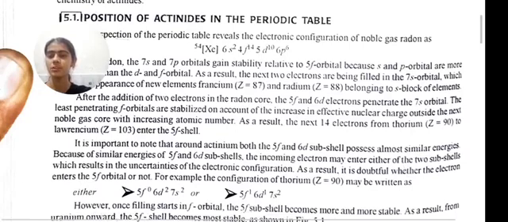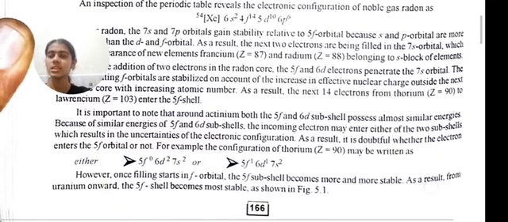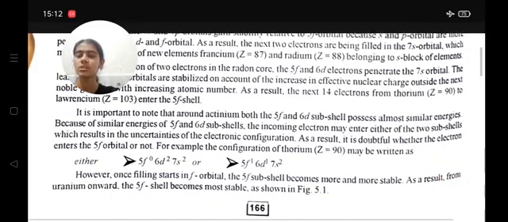It is important to note that around actinium, both the 5f and 6d subshells possess almost similar energies. Because of the similar energies of the 5f and 6d subshells, the incoming electron may enter either of the two subshells, which results in uncertainties in the electronic configuration.